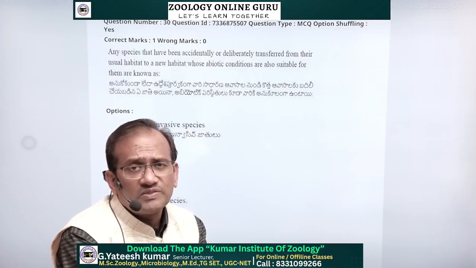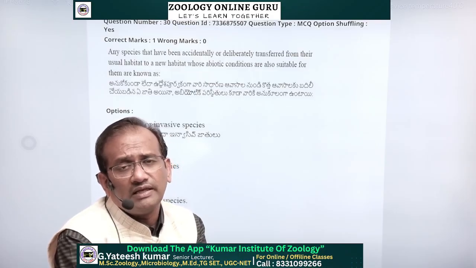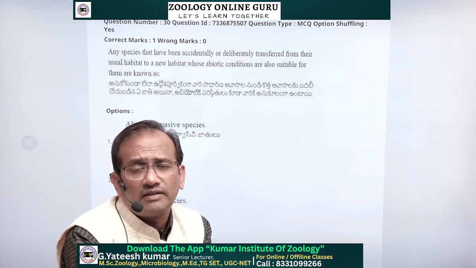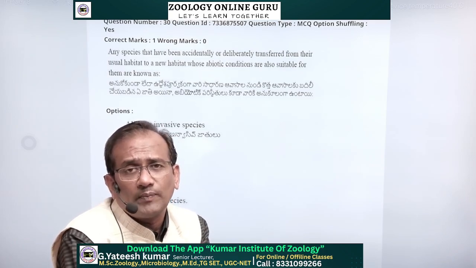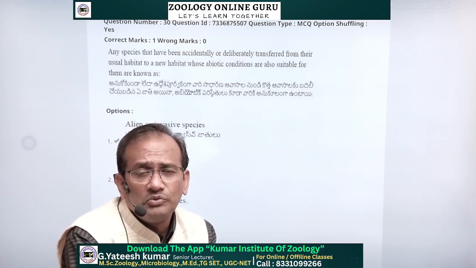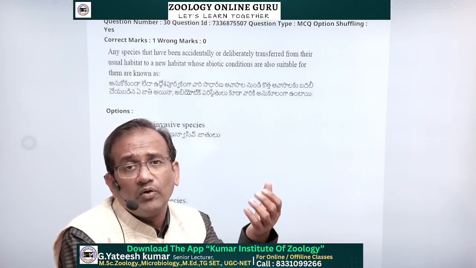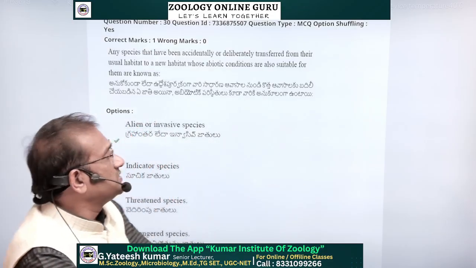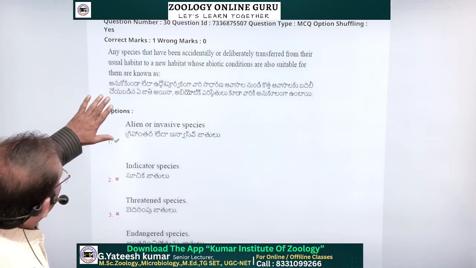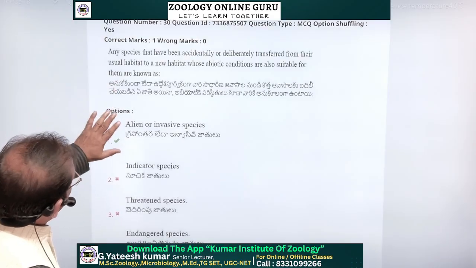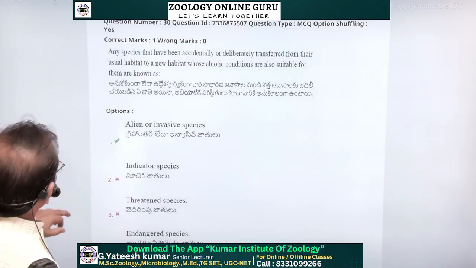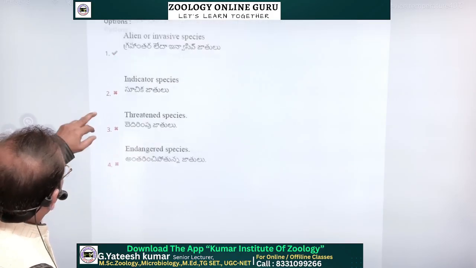The local species are disturbed by the alien species, because if they are transferred to another area, they may have the capacity to live in that new space, because the abiotic factors are favorable to that organism. That is called alien species. So local species are affected by alien species. Next, option A is the correct one.